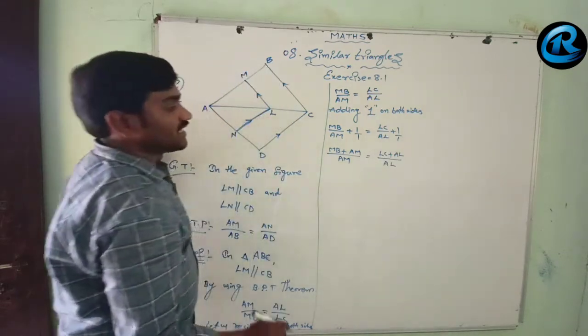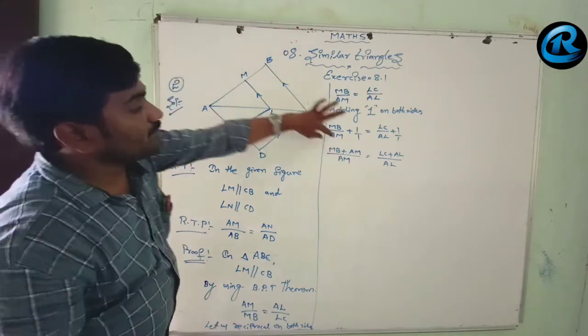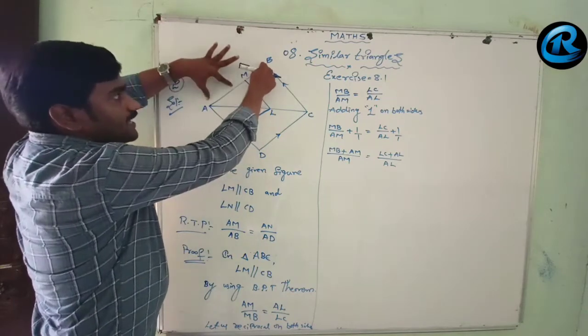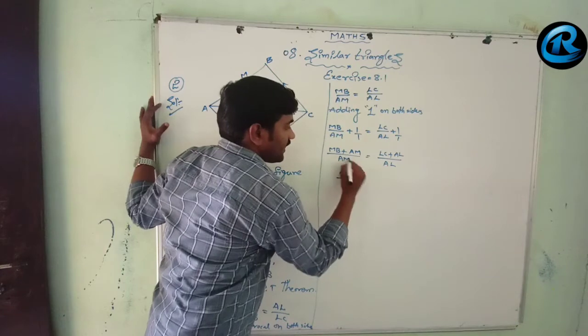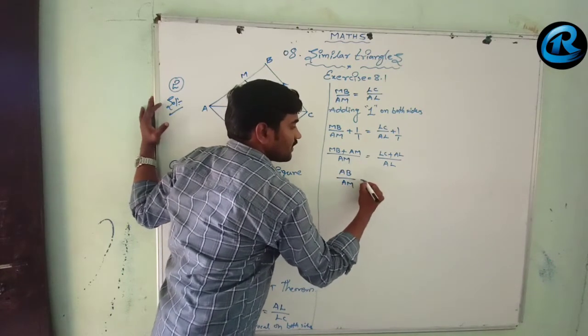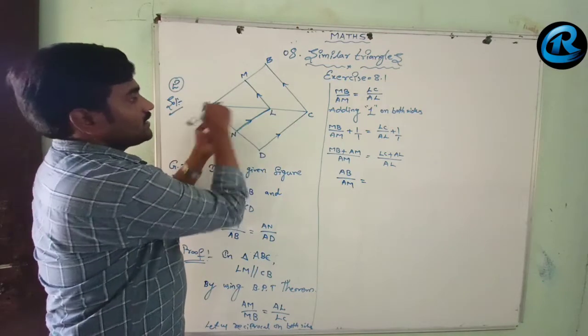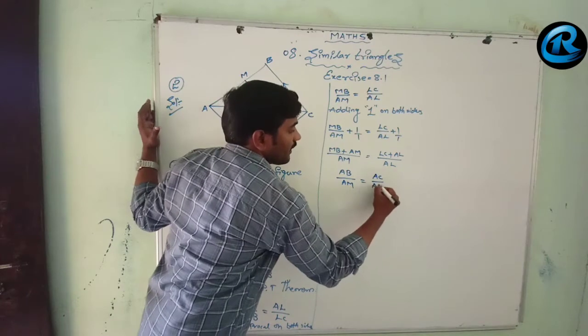Now see that here in the numerator, MB plus AM. This MB plus this AM is equal to AB. Here we can write AB by AM as it is, that is equal to LC plus AL, that is total AC, AC by AL.